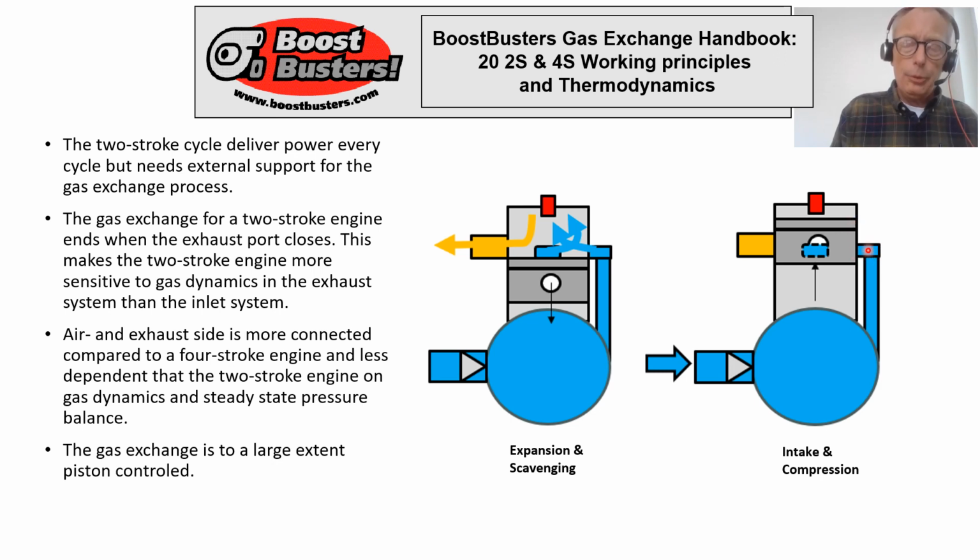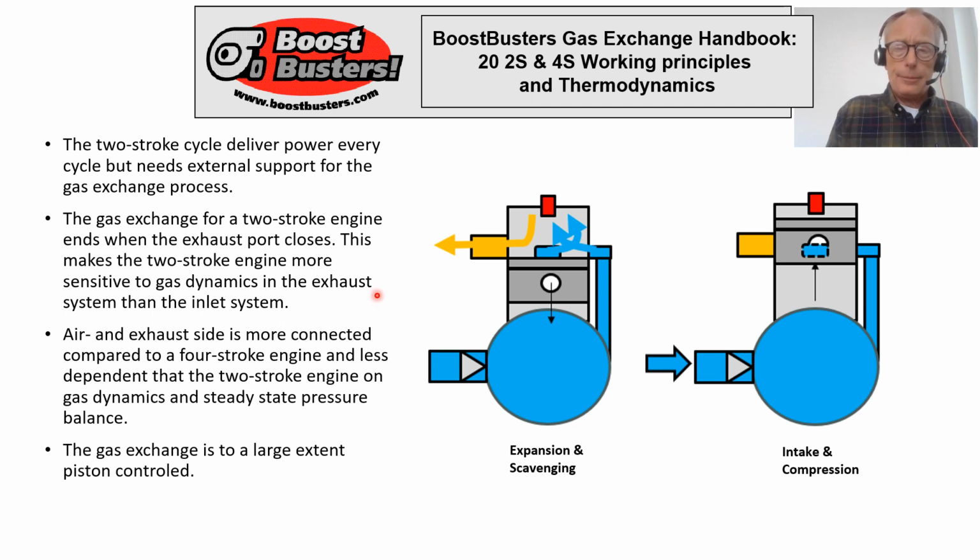So the scavenging port and also the exhaust port are controlled by the piston. And in the next phase, this pressurized air and potentially fuel comes up to the combustion chamber, pushing out exhaust gases, instead of having the piston do it, which is the case in the four-stroke engine.